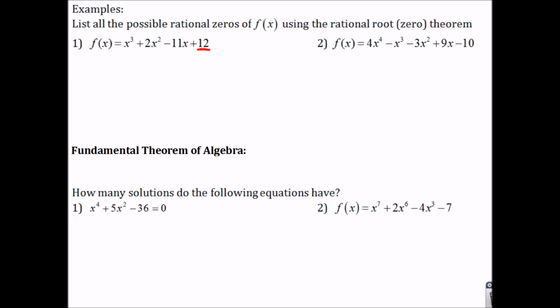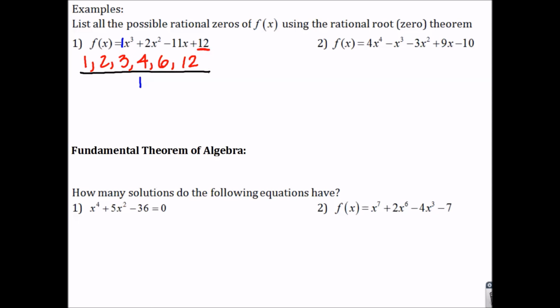So we need to list all the factors of 12. 1, 2, 3, 4, 6, and 12 are all factors of 12, as well as -1, -2, -3, -4, -6, and -12. But we'll add that in a minute. The leading coefficient is 1, and the factors of 1 are just 1.